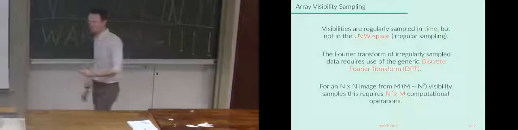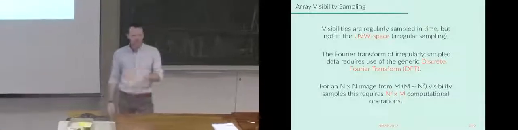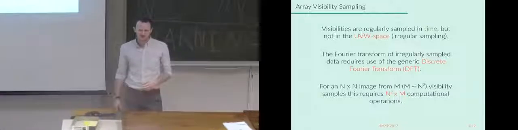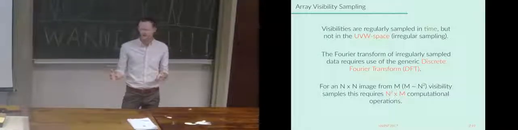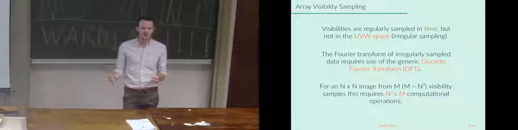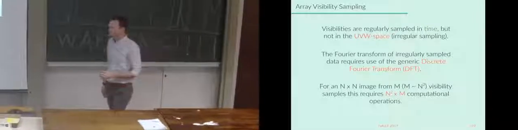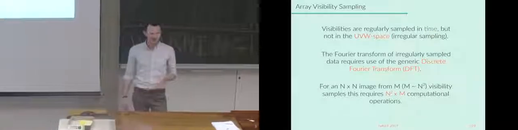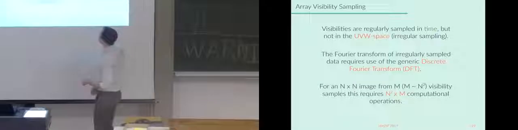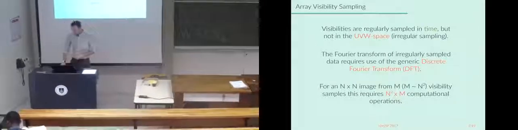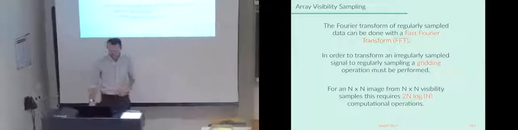That's called gridding, and that's by far always in interferometry the most computationally expensive task. Gridding, and then there's an inverse operation called degridding. They're very different implementations, but they are kind of inverse computational operations.